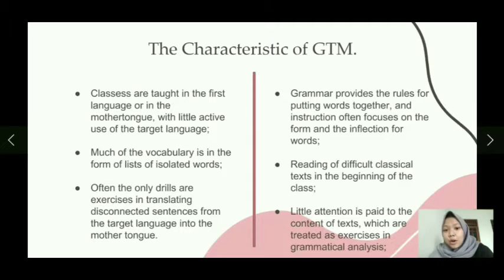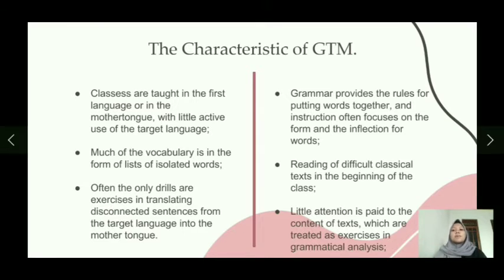The characteristics of GTM. Number 1, classes are taught in the first language or the mother tongue, with little active use of the target language. Number 2, much of the vocabulary is in the form of lists of isolated words. Number 3, often the only drills are exercises in translating disconnected sentences from the target language into the mother tongue.